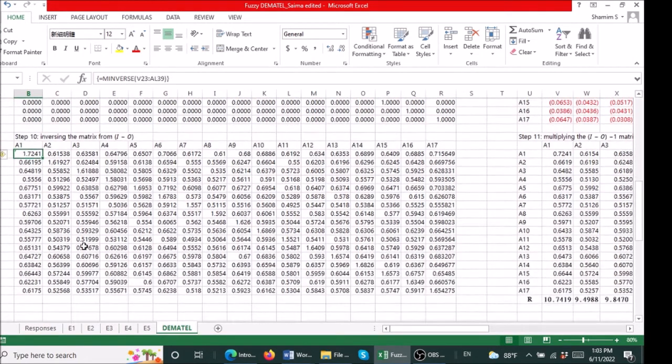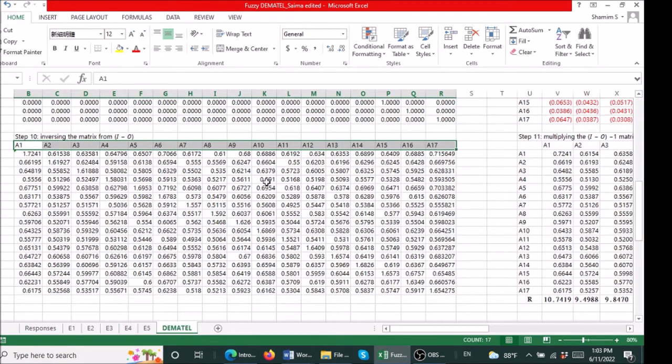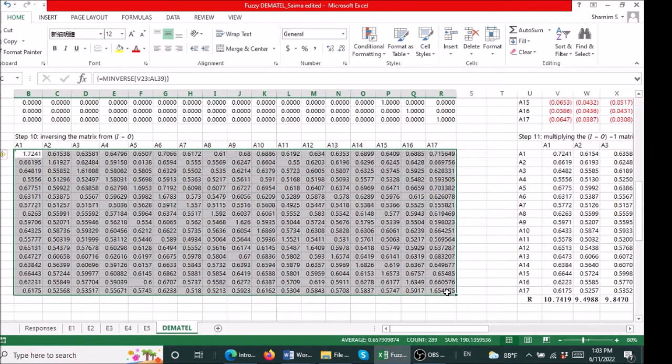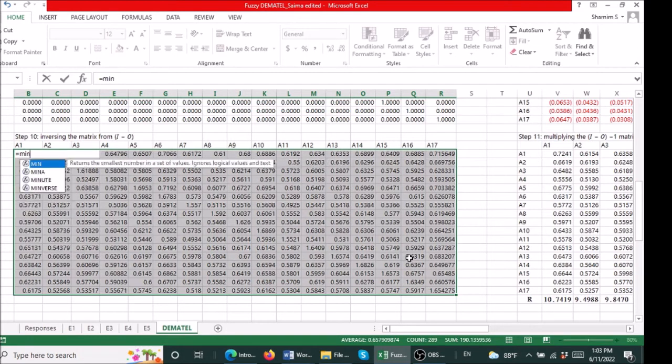Now just follow me. To use it, you have to make the matrix first. Then select the entire area of the matrix, then press the equal sign, type MINVERSE, then array.